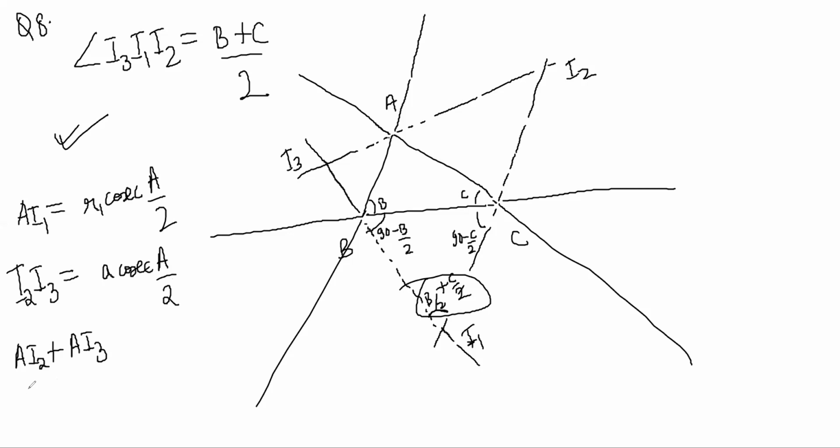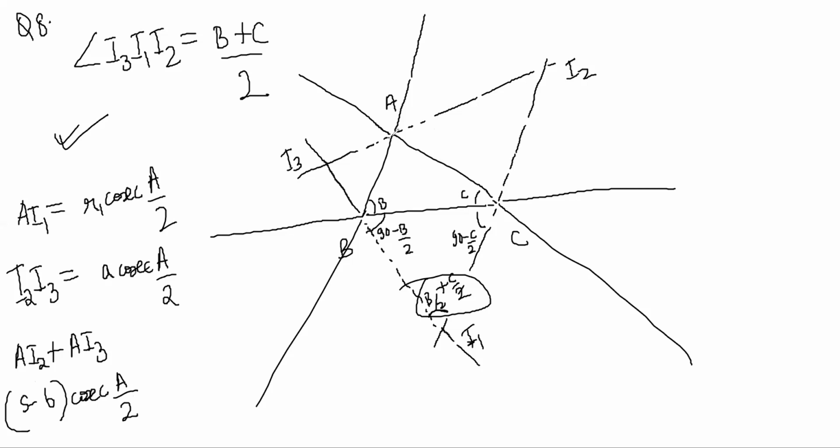AI2 was S minus B cosec A by 2, and AI3 was S minus C cosec A by 2.